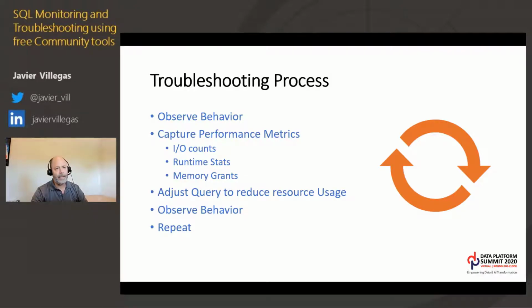So the idea is to observe, get this baseline, and when we talk about baseline, we mention every kind of counters that we can add to this baseline. For example, CPU usage, memory usage, I/O, and metrics also related to SQL Server itself, like batch requests per second, compilations per second, logins, etc.